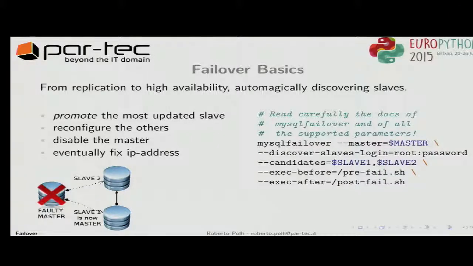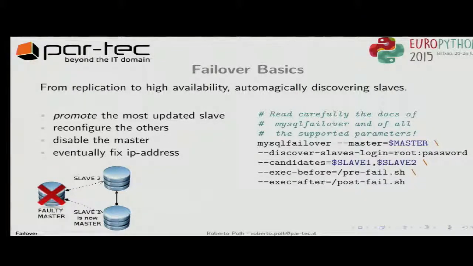And if I have to set up my fault-tolerant infrastructure, I just run the mysql failover command. I tell it, go to the master, get all the slaves. If the master fails, you take care of finding the best slave to be elected as a master, then do it.